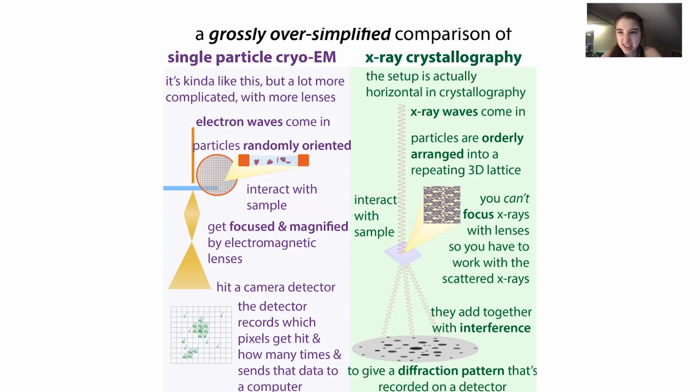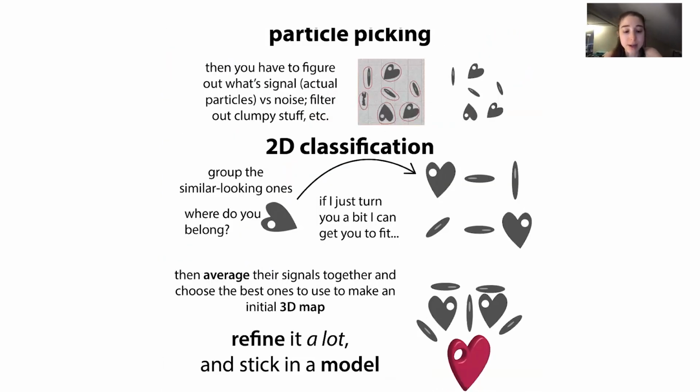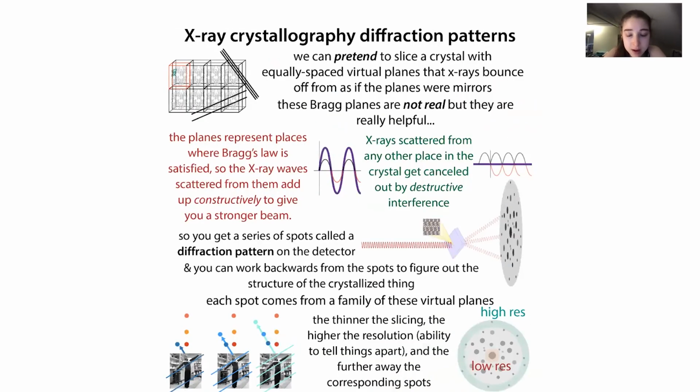It's kind of like glass, and the molecules are stuck in space, and then you take a bunch of pictures and average the information together, and then you can figure out a structure. Because you don't have that diffraction pattern where you're setting a resolution limit, it's harder to estimate the actual resolution.